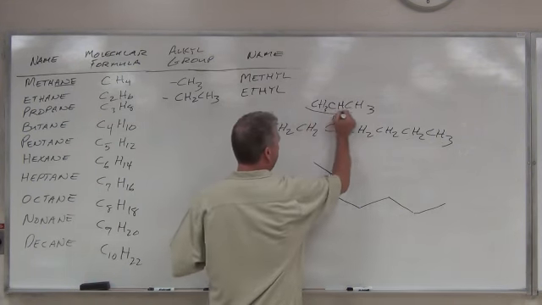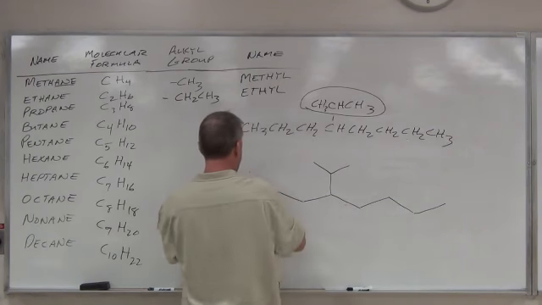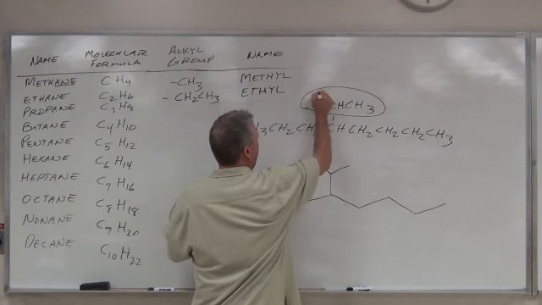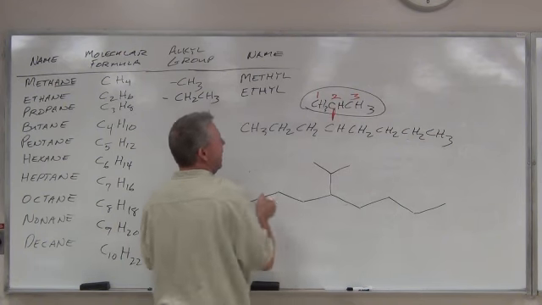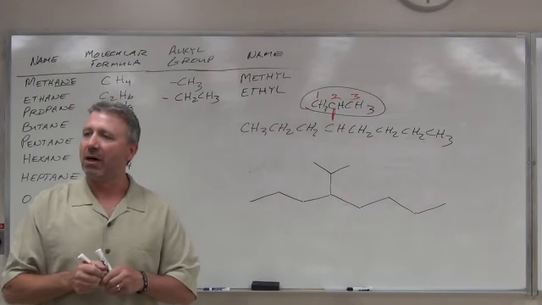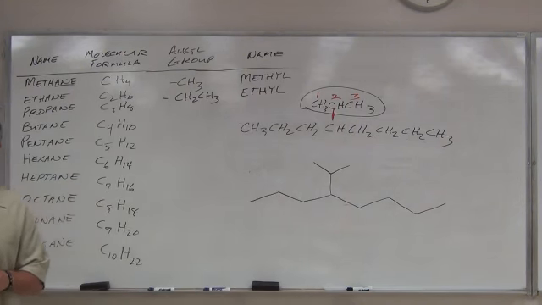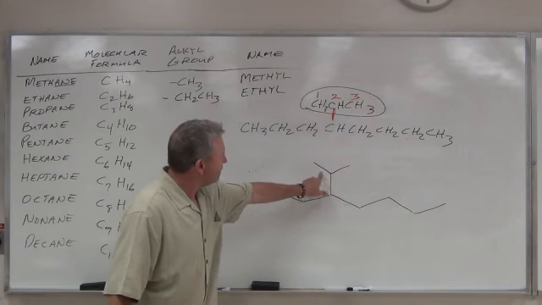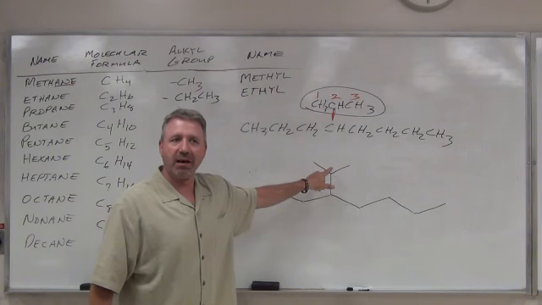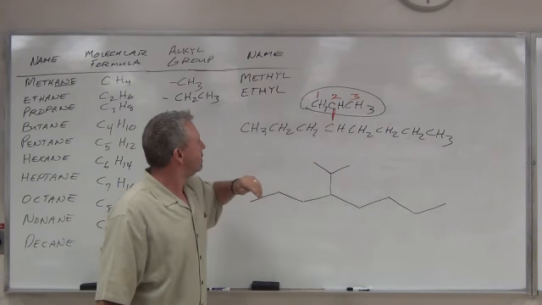Look at the isopropyl group right there. Carbon 1, 2, 3. We are attached at carbon number 2 of a 3-carbon chain. That makes it isopropyl. Notice it looks like a Y. When you see it in the line formula, it looks like a Y.